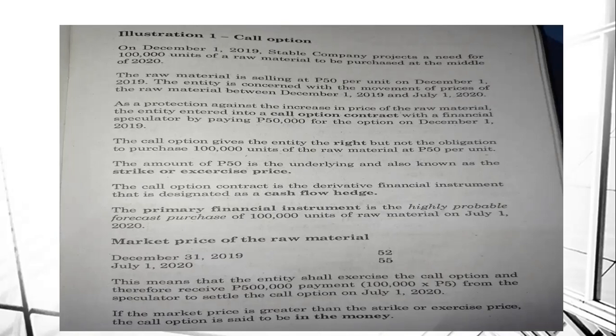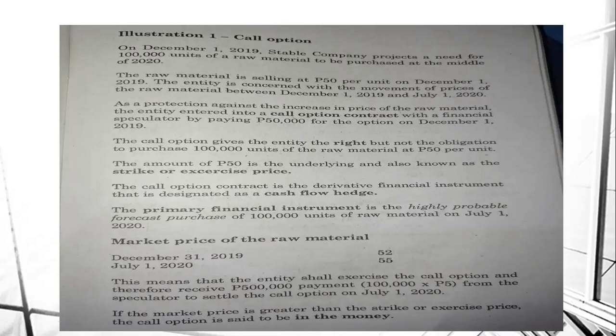So market price of raw material during December 31, 2019 is 52. July 1, 2020 is 55. So this means that the entity shall exercise the call option and therefore receive 500,000 payment. So, di ba?